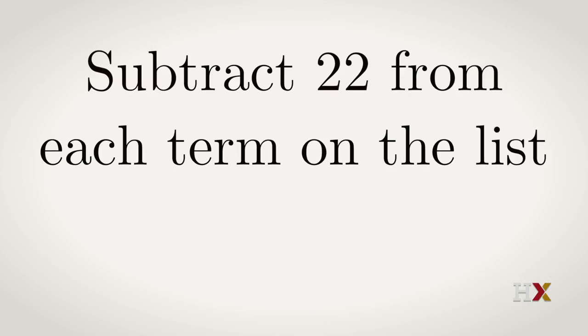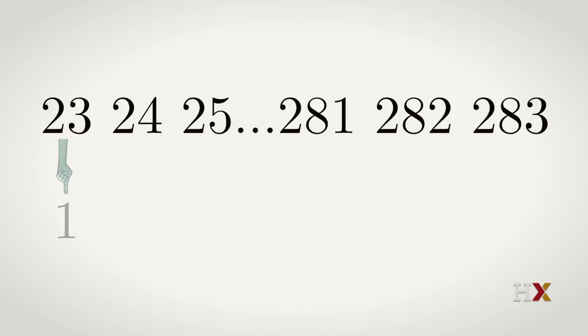Okay, so in any case, we have a list of these numbers between 23 and 283, and we want to count them. Well, we don't know how to do that problem, but suppose I told you to subtract 22 from each term on this list. The first number, minus 22, is the number 1. The second number, 24 minus 22, is the number 2. The next number gives 3.